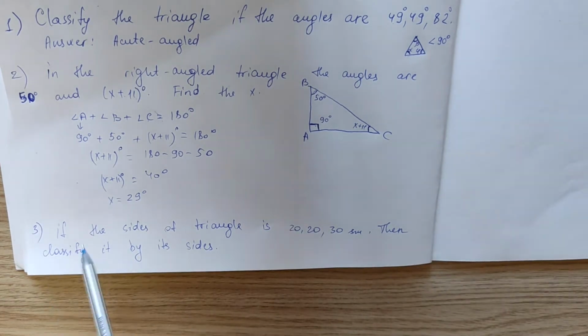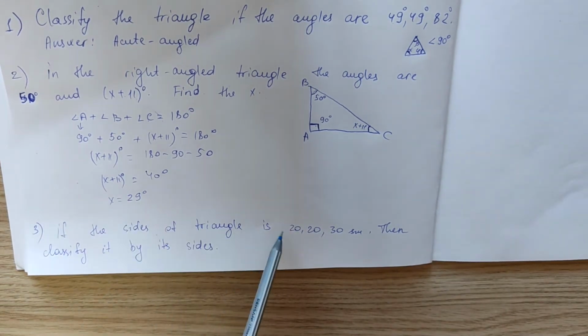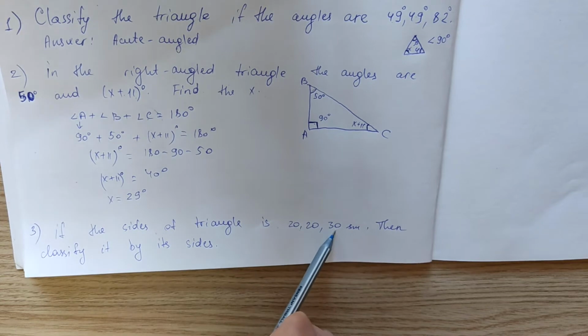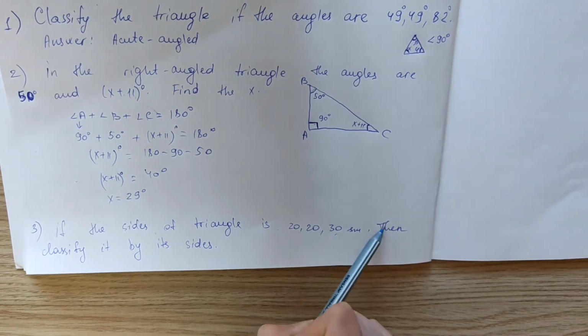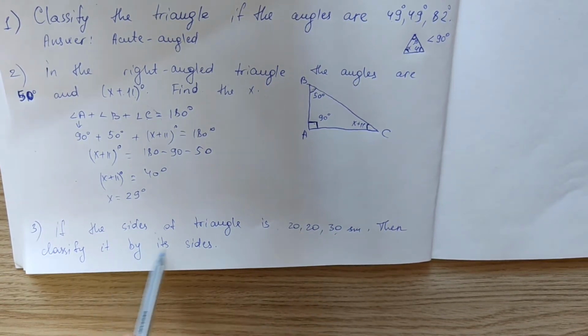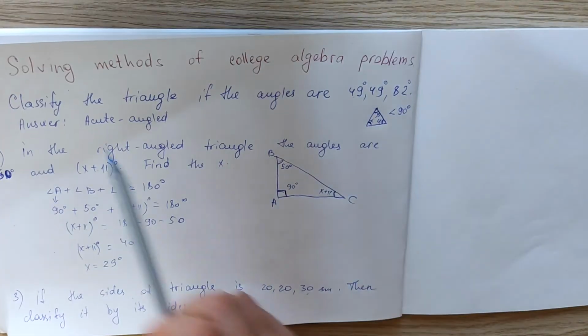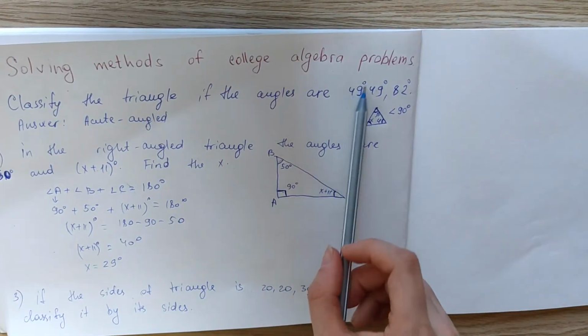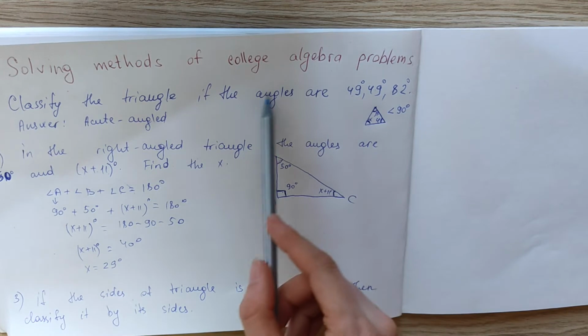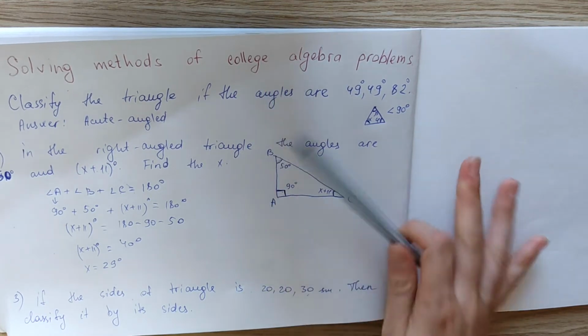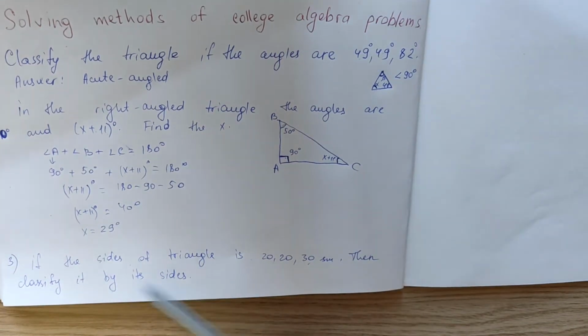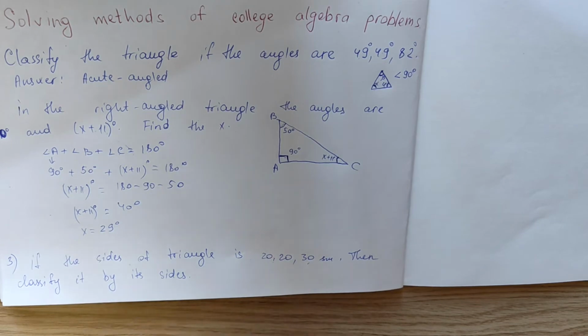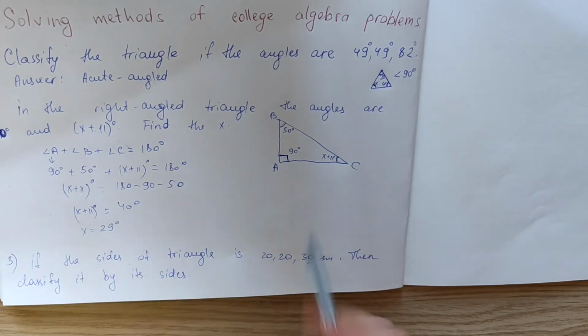Third question. If the sides of triangle is 20, 20 and 30 centimeters, then classify it by its side. In our previous example, we classified the triangle by its angles. But here we are asked to classify the triangle by its sides.